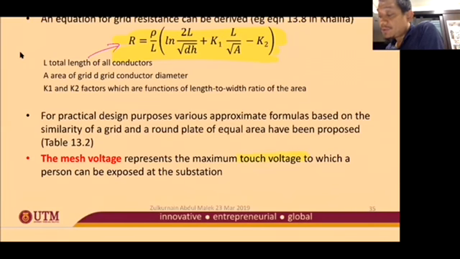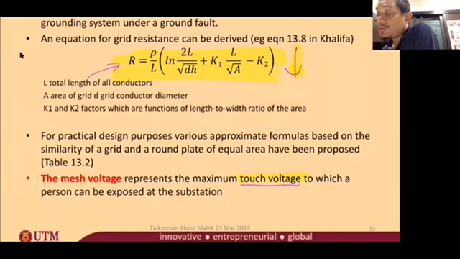So you need to reduce R until you have safe touch and step potential. Until you get the value, you don't stop designing. So you just change L here, the amount of conductor, until your touch potential or step potential is acceptable.